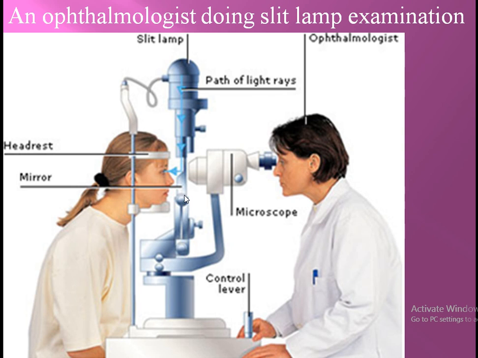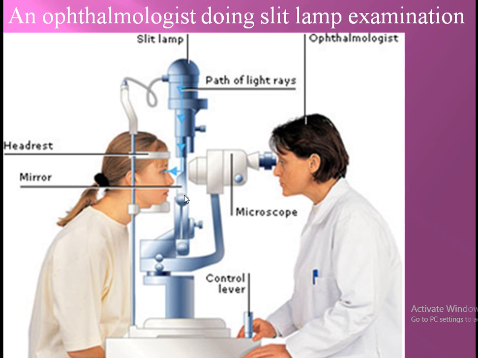Slit lamp, or in the simplest form the torch, and then after the torch you can examine the eye through slit lamp examination. Now my question is, what is the difference between the slit lamp examination and the ophthalmoscopy? Through the slit lamp examination, you can examine the anterior segment of the eye.